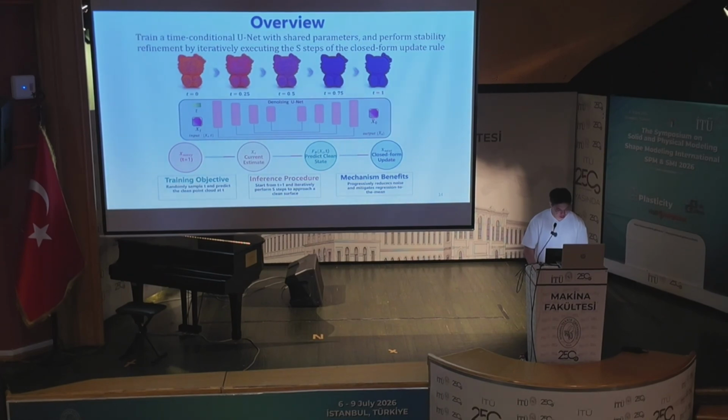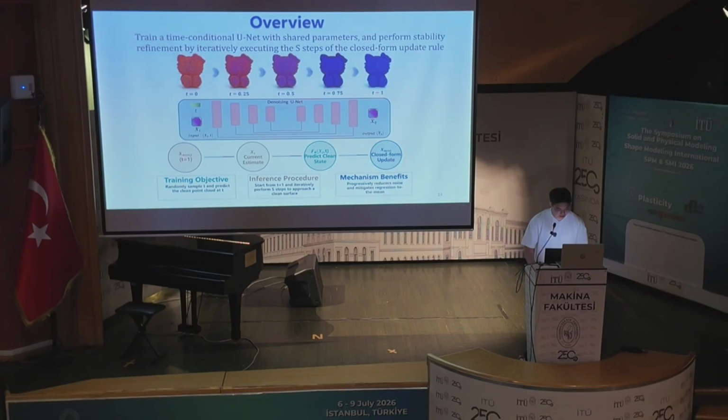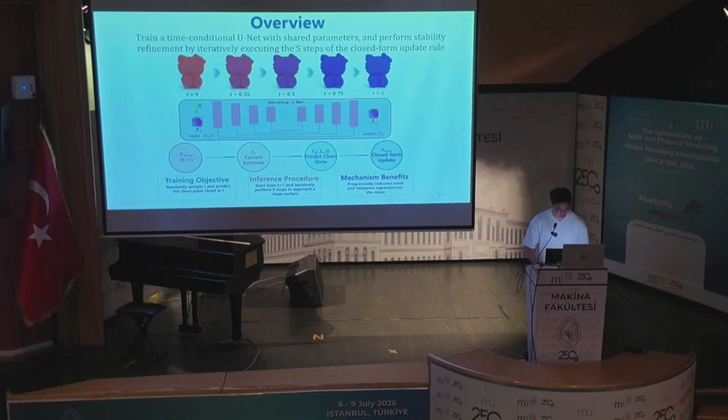During inference, we start from the noisy input at T equals 1 and perform iterative update steps. At each step, the network predicts a clean estimate, and a closed-form update moves the current state towards that estimate. This gradually reduces noise and mitigates regression to the mean.